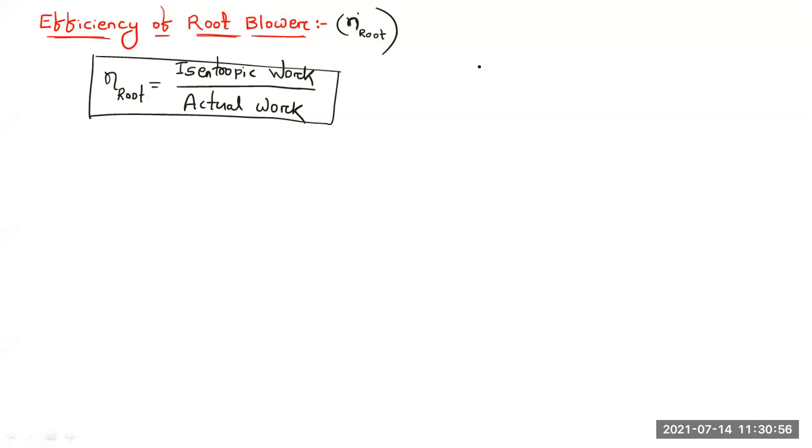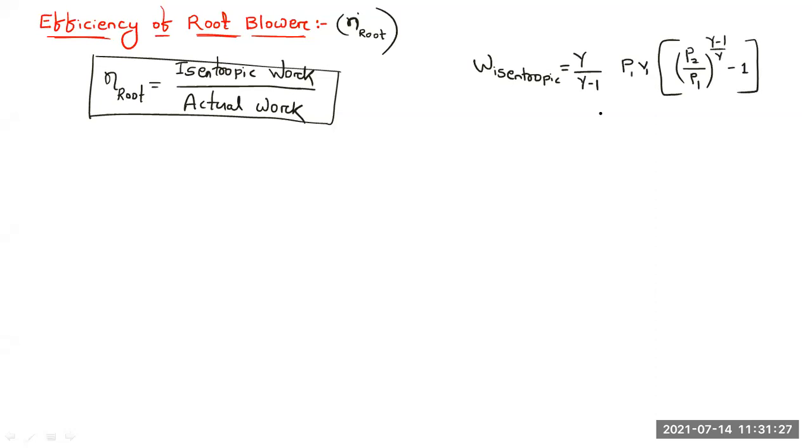So what is isentropic work? What is the formula to calculate isentropic work? The formula I have already given: gamma divided by gamma minus 1, P1 V1 whole into (P2 by P1) to the power (gamma minus 1) by gamma, minus 1.